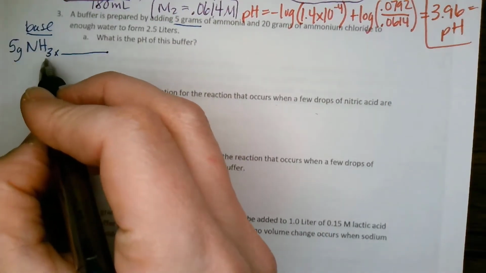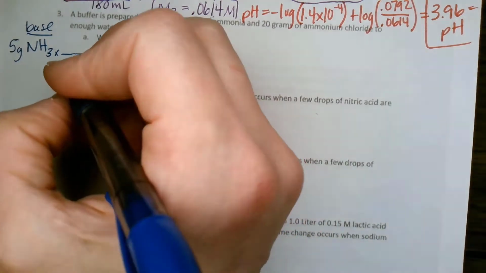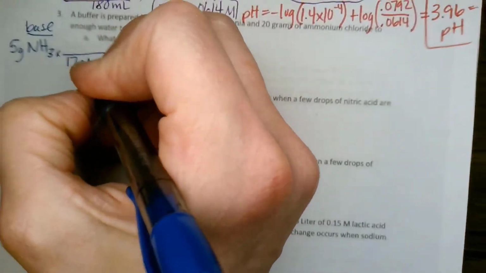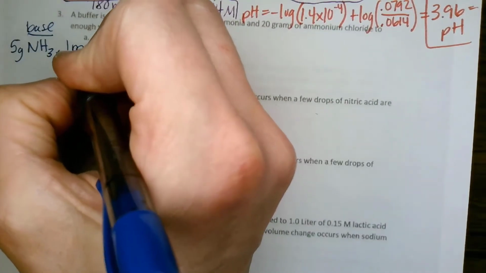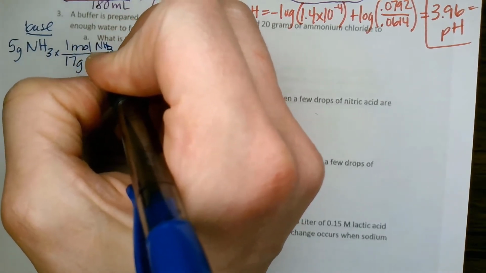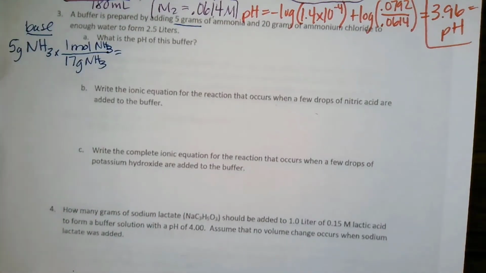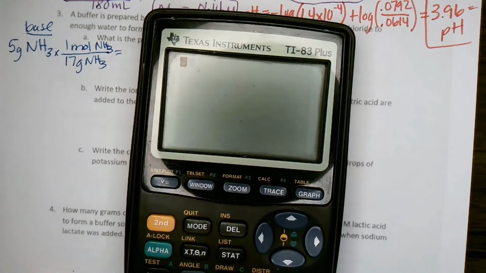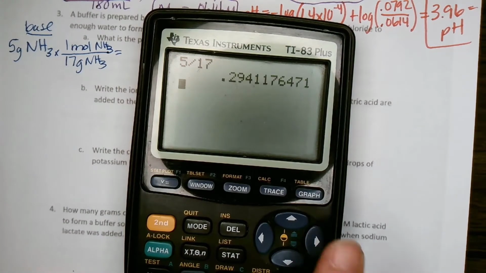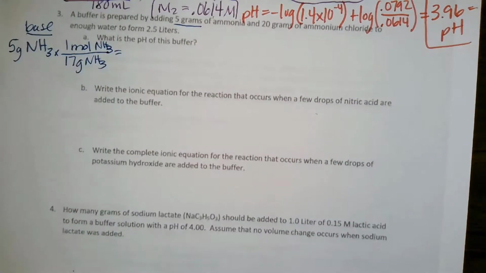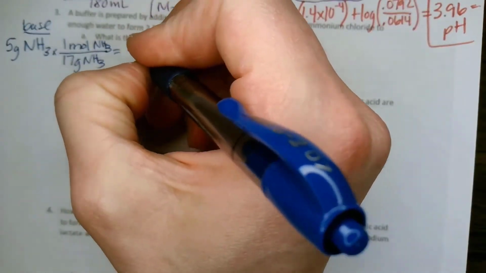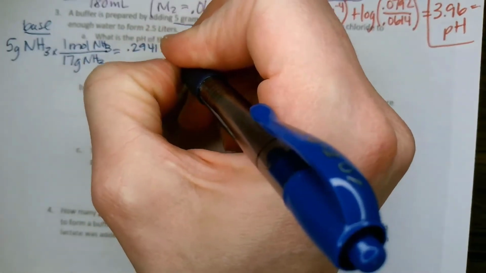All right, so let's do grams to moles. If I add up nitrogen and 3 hydrogens, I should get 17 grams of NH3 and 1 mole of NH3. So 5 divided by 17, 0.2941. That's moles.